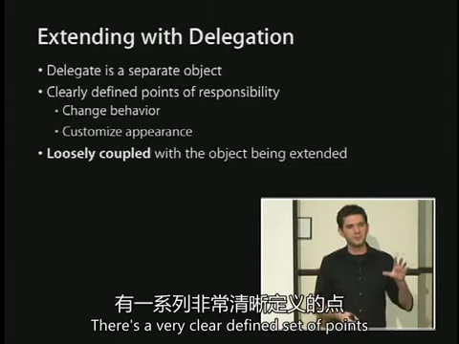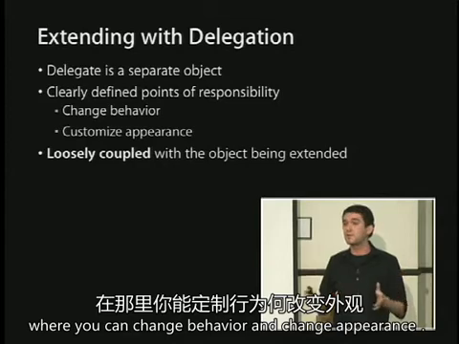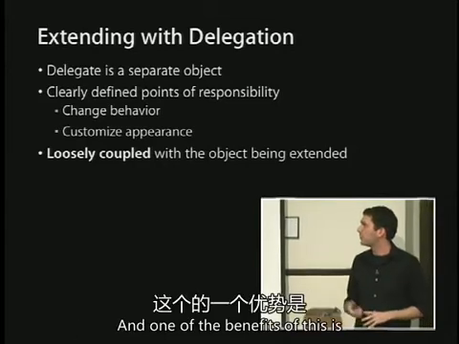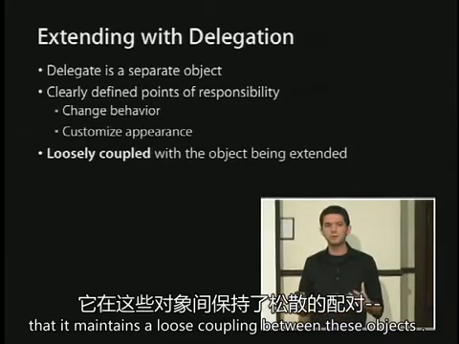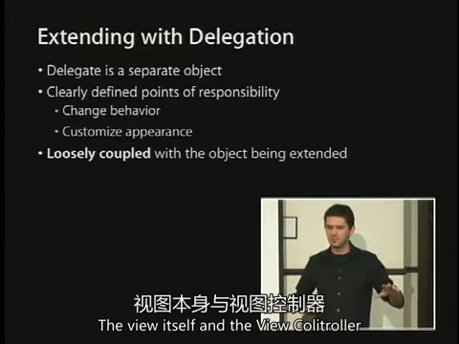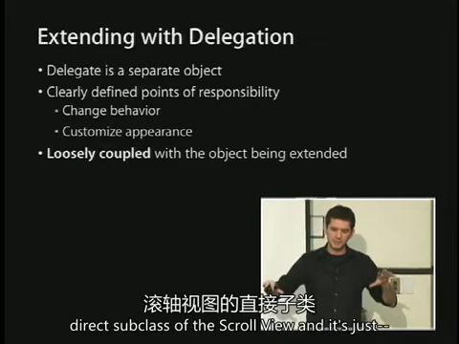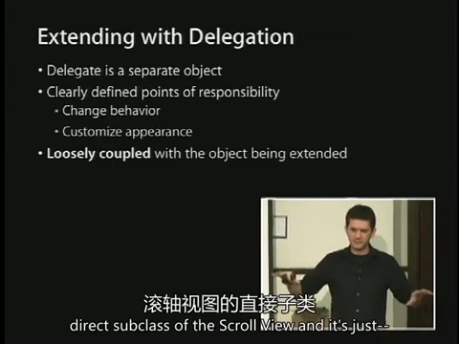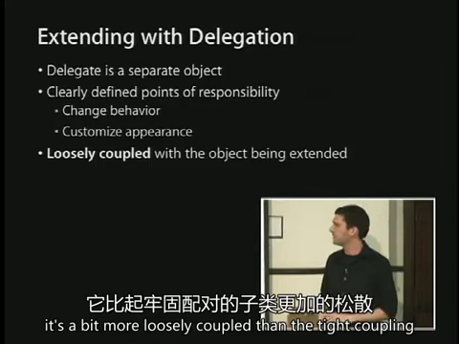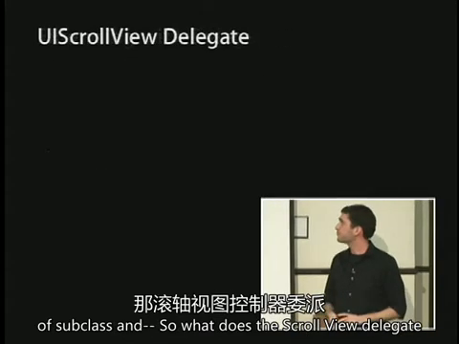There's a very clear, defined set of points where you can change behavior and change appearance. And one of the benefits of this is that it maintains a loose coupling between these objects. The view itself and the view controller, or whatever other controller object is the delegate, isn't a direct subclass of the scroll view, and it's a bit more loosely coupled than the tight coupling of the subclassing.